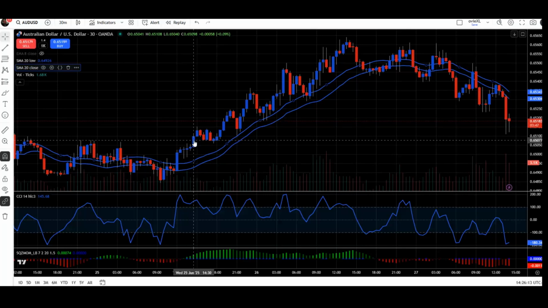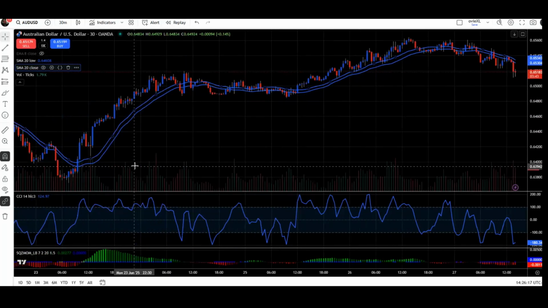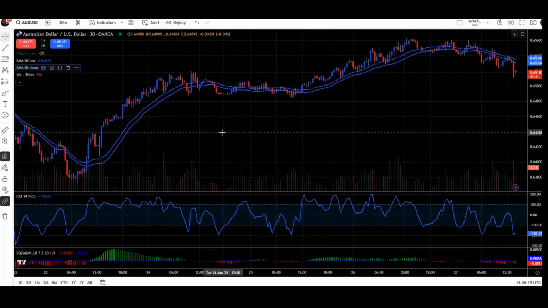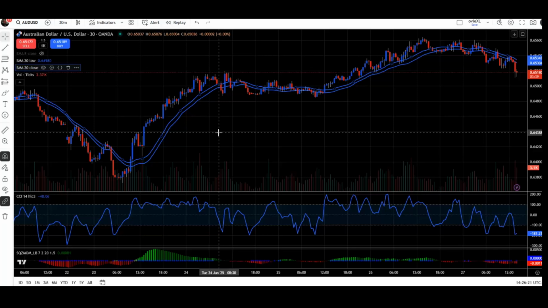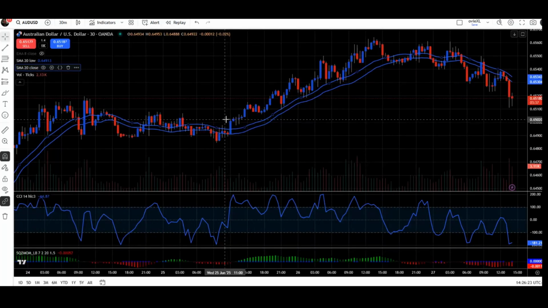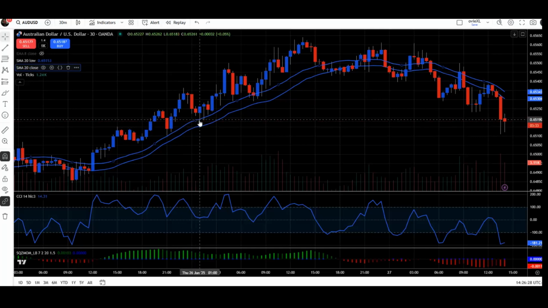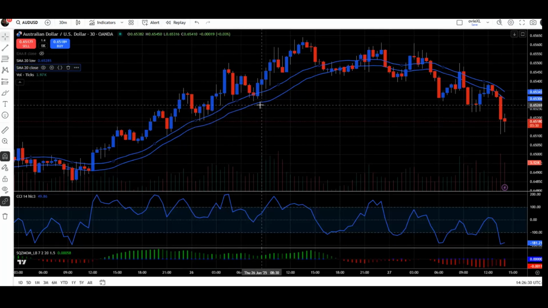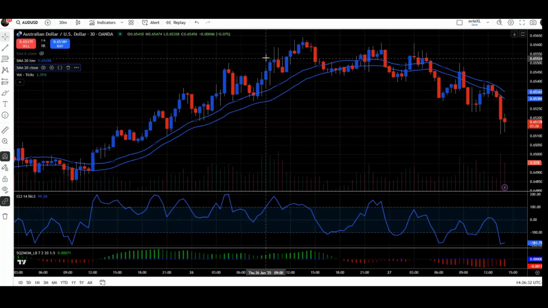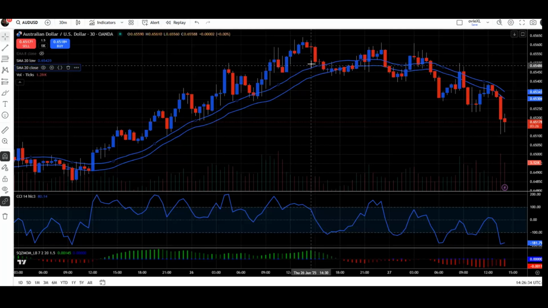On the Australian US dollar, we see that price for the long run has been bullish, for the most part. Price action stays above both lines, and then it meanders a little bit and starts going sideways.